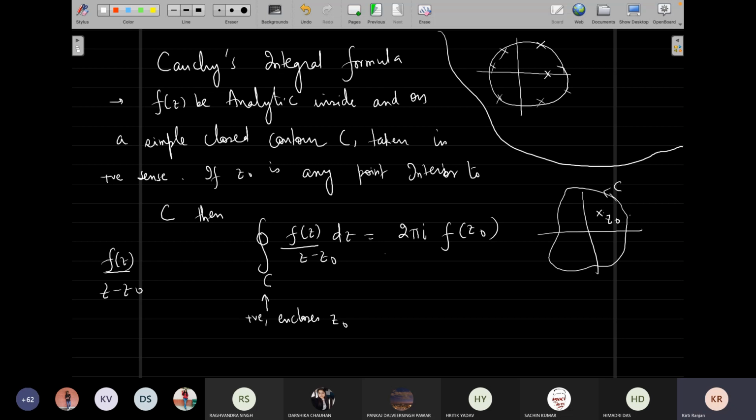The result can be extended from the previous case. 1 over z minus z naught dz turned out to be 2 pi i. If you have any f(z), it is 2 pi i times f(z naught). I do not need to worry too much; all I need is the function value at that singularity z naught.